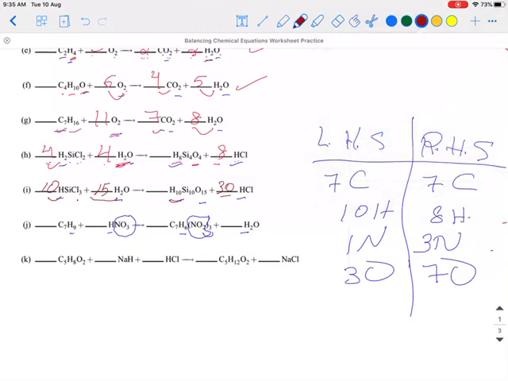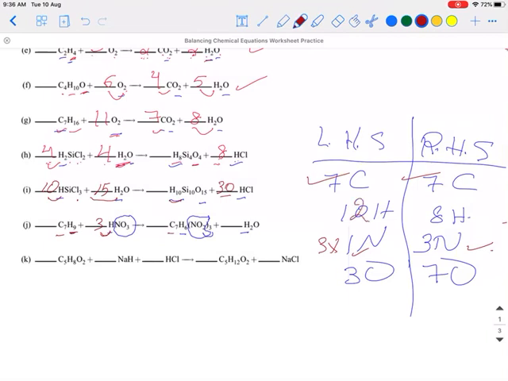Let us start. We can start, for example, by balancing nitrogen. Here I can multiply by 3, so 3 nitrogen. Let us see carbon, it's already balanced, 7 carbon, 7 carbon. Let us see hydrogen, 9 hydrogen plus 3 hydrogen, 12.